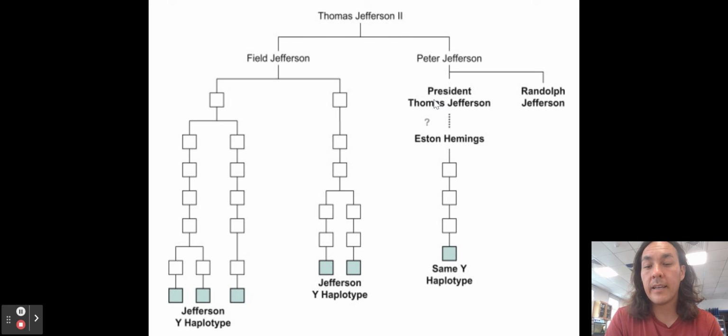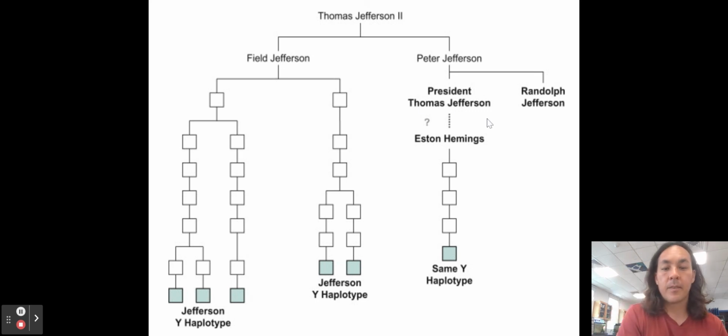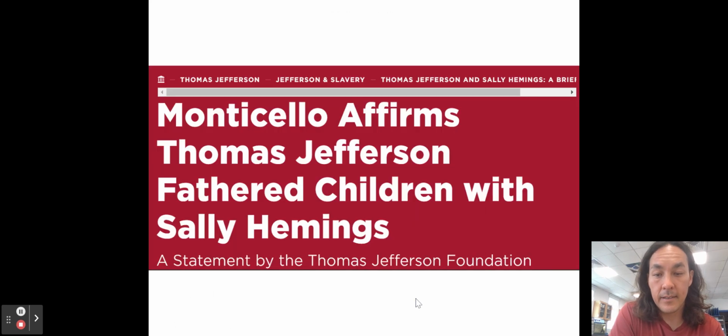But we know that because his dad's brother, or his uncle, had children, that we could look at their Ys, because the Y does not undergo a lot of recombination. The Y is passed on intact. It doesn't do the same type of crossing over that other chromosomes do. And we found that it does match up. President Thomas Jefferson did assault his slave Sally Hemings and rape her and have children by her. So that is there, and Monticello affirms this.